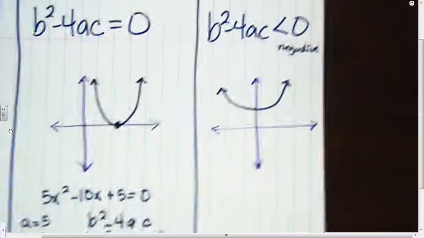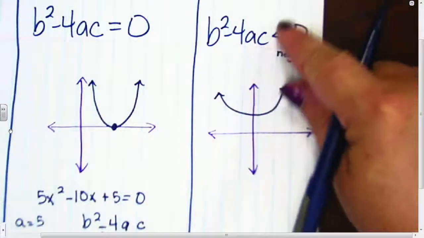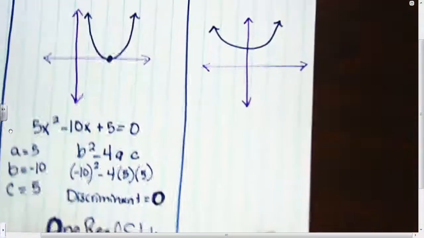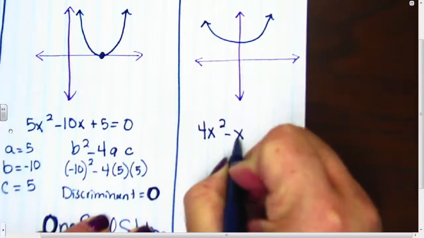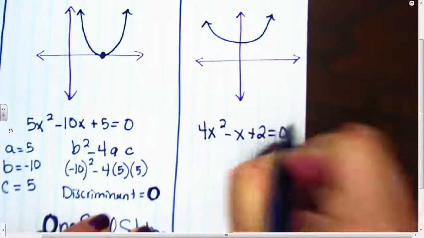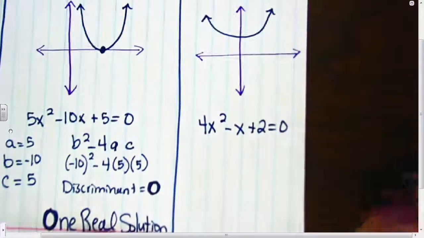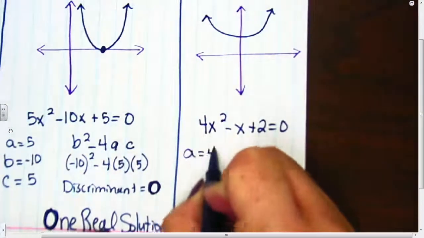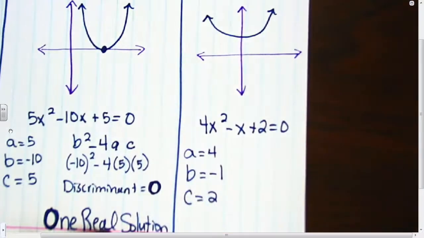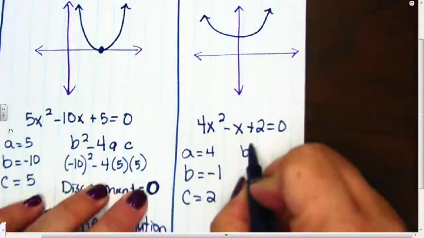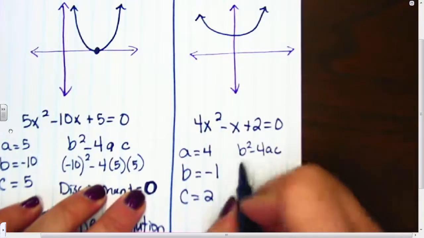Alright, so when do we get that the b squared minus 4ac is less than 0? Let's look at an example. 4x squared minus x plus 2 equals 0. Identify your a, b, and c. Now plug it into b squared minus 4ac.